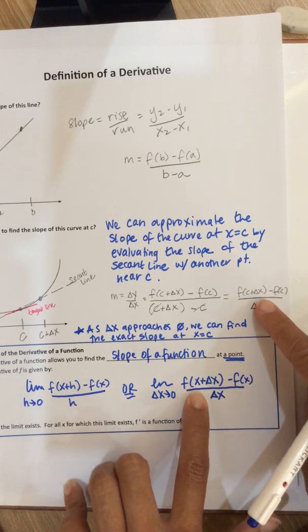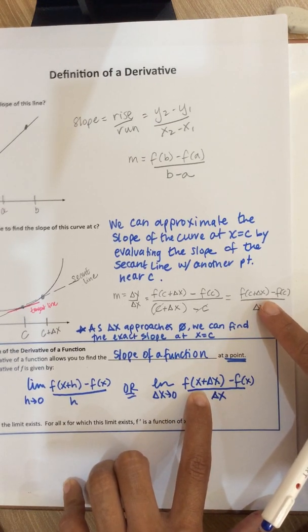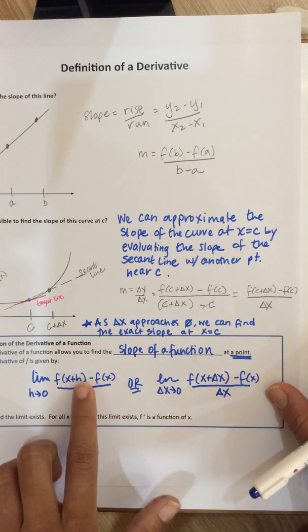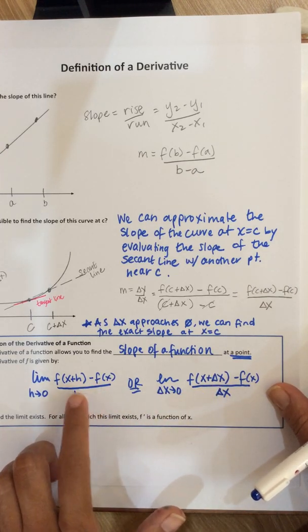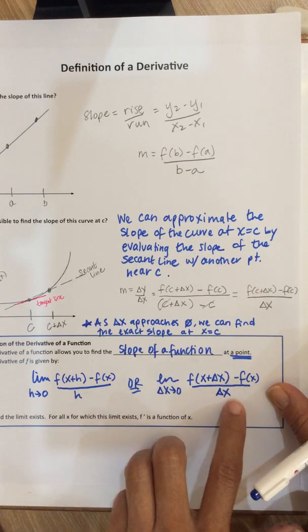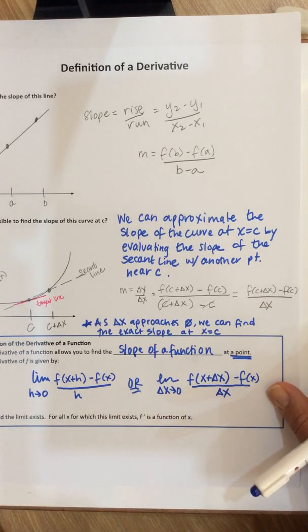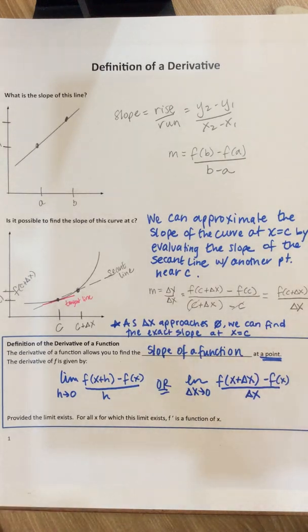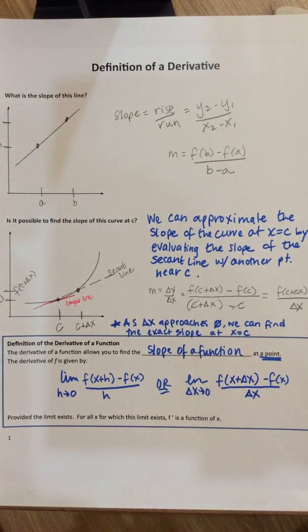I've just plugged in x instead of c, so you can find it at any point x. But the formal definition just replaces delta x with another variable h. This is the one you'll see more often. But if this one makes more sense to you, you can use it. This, of course, is provided that the limit exists. And for all x for which the limit exists, the derivative of f is a function of x.